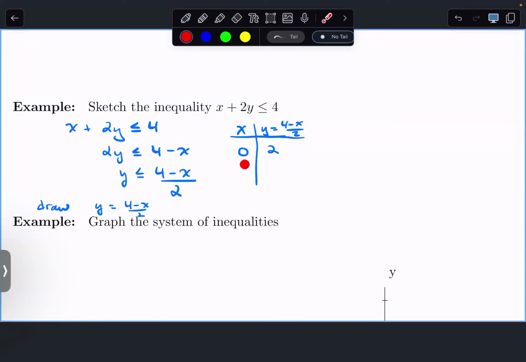So when x is 4, y is 0, right? Just happened to be because it was a convenient value. So I guess I accidentally, not accidentally, but found the x-intercept.